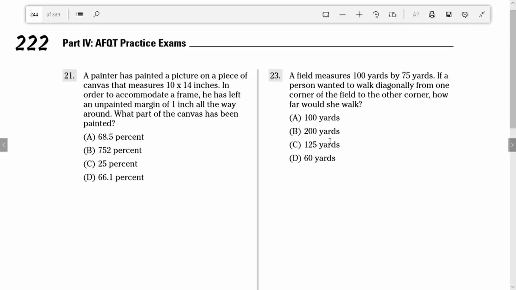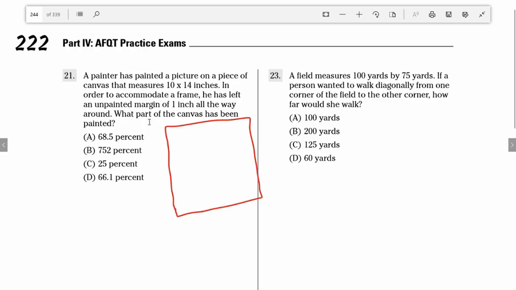All right, number 21. A painter has painted a picture on a piece of canvas that measures 10 by 14 inches. In order to accommodate a frame, he has left an unpainted margin of 1 inch all the way around. What part of the canvas has been painted? So again, we got a canvas here.